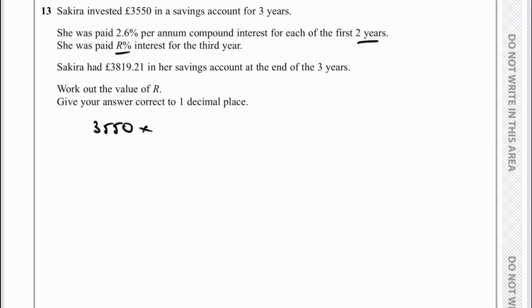That was multiplied by an interest rate of 1.026, which is the decimal equivalent of 102.6%. So if I write 102.6%, the decimal equivalent to that is 1.026. Okay, and that's for a period of 2 years, so that's going to be to the power of 2.